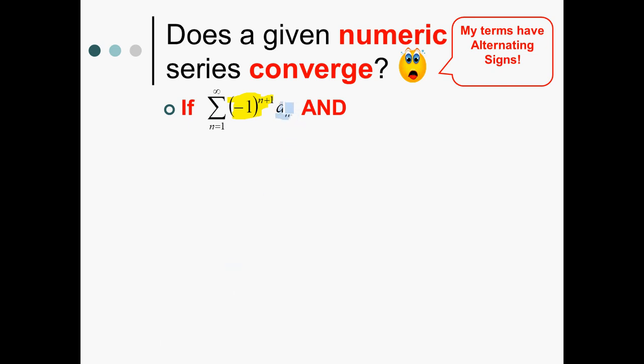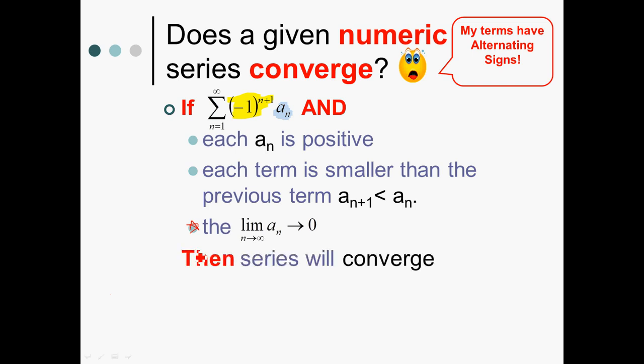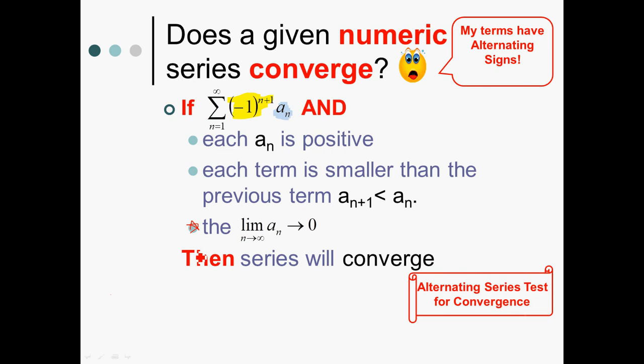And all of your terms here are positive, so if you take away the alternating signs part, each term is positive, and the terms are getting smaller as you go to infinity, and not only are they getting smaller, they're going towards 0, and this is the crucial part. Then your series will converge, and the test is the alternating series test for convergence.